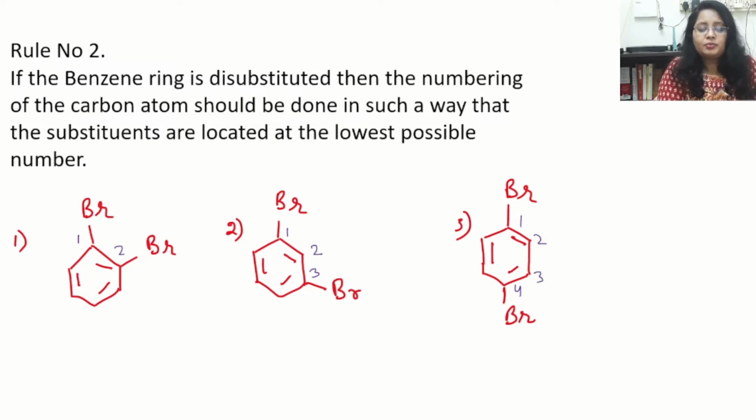Now in the first example we have the substituents on carbon number 1 and carbon number 2. One more thing I want to point out is they are telling the substituent will get the lowest possible number. So we will not count like this 1, 2, 3, 4, 5, 6, and we will not say 1 and 6 substitution. We will say 1 and 2 substitution. Understand? This is just to mention how to number. So this numbering should not be done.